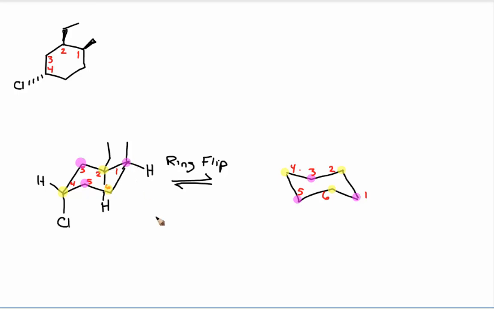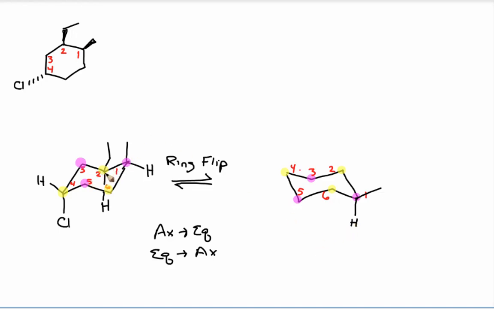But remember, the axial substituents become equatorial during the ring flip, and the equatorial substituents become axial during the ring flip. So on carbon 1, our axial methyl becomes an equatorial methyl, and then our equatorial hydrogen becomes an axial hydrogen.